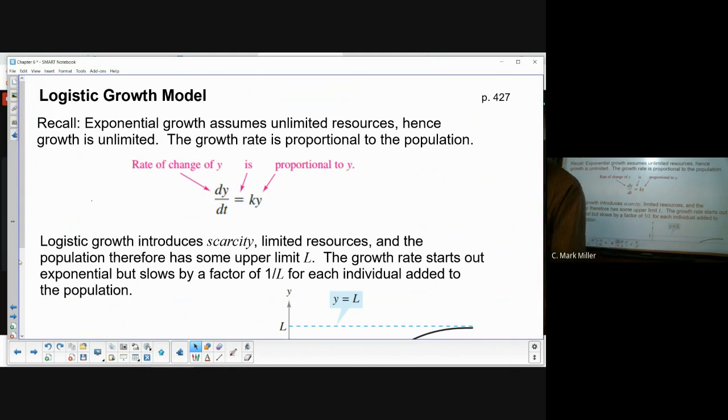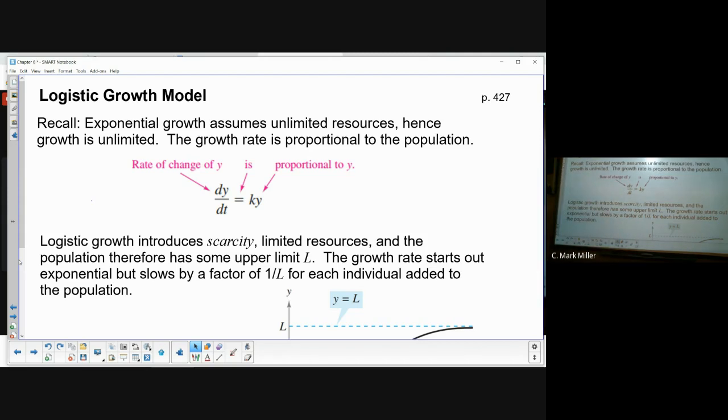Now, there's an assumption here in the exponential model, or excuse me, in the logistic model. What's the assumption? Well, there's a bunch of them, but one of them is every individual decreases the growth rate by the same amount. So you got 2 rabbits. The 3rd rabbit decreases the growth rate by some amount.